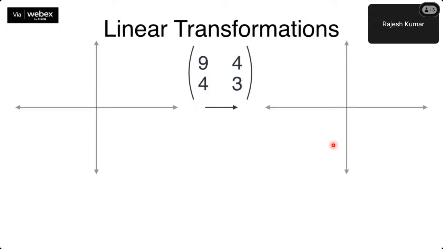So what usually a matrix will do, when you multiply a matrix by another matrix, it does two jobs. One, it will do the rotation, and then it will do the translation. If you want to understand more on that, please go and search the video of Professor Gilbert.